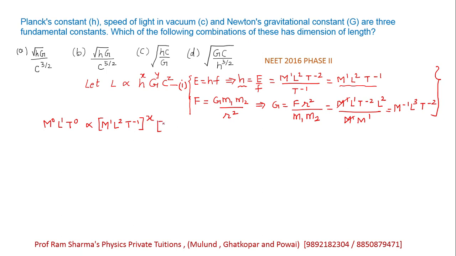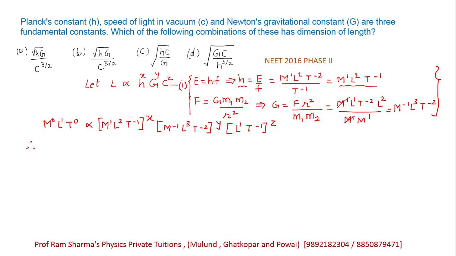For G it is M minus 1 L3 T minus 2 and the power is y. And for c, speed of light, it is length upon time, L1 T minus 1 raised to z.